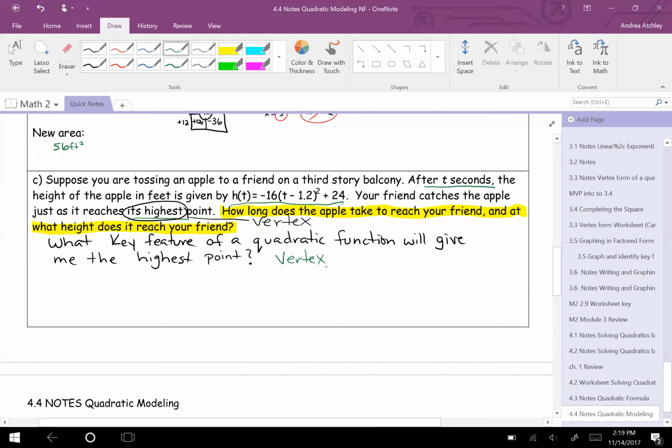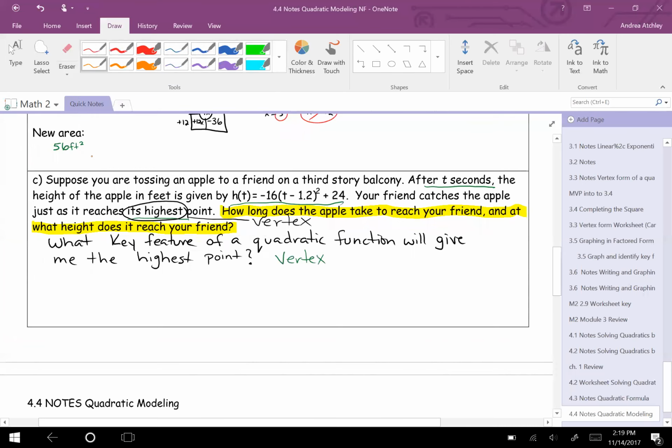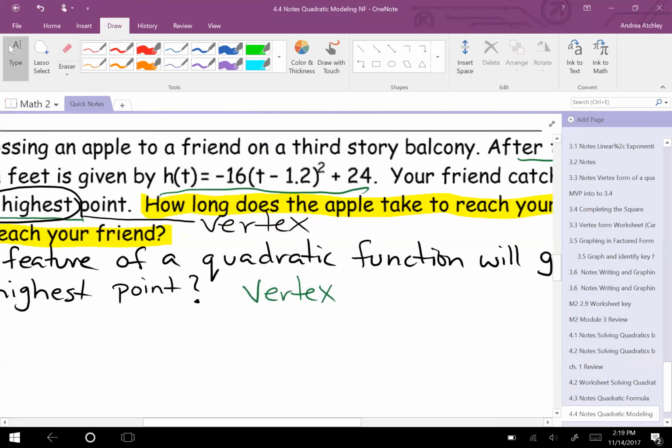Now, I was really kind to you because I gave this to you in vertex form. So what is the vertex here? (1.2, 24).